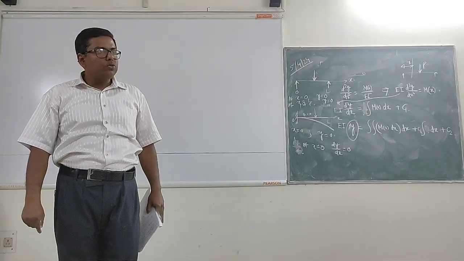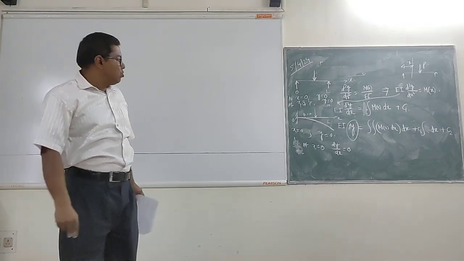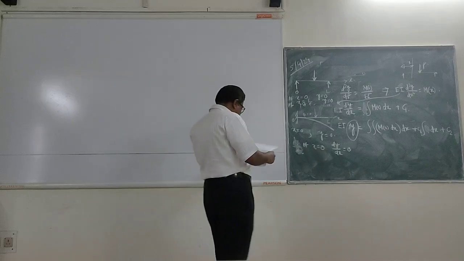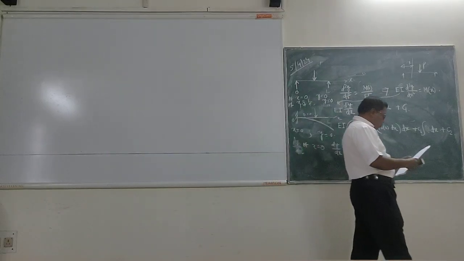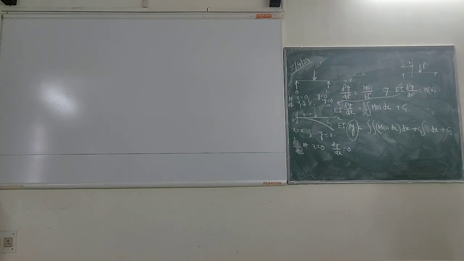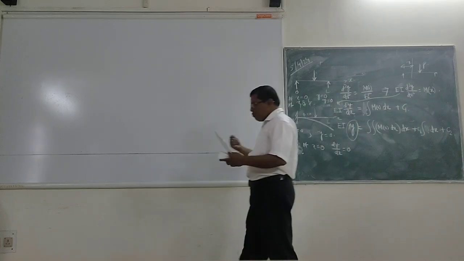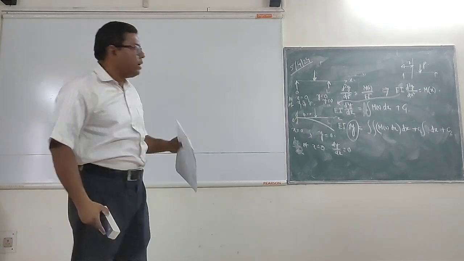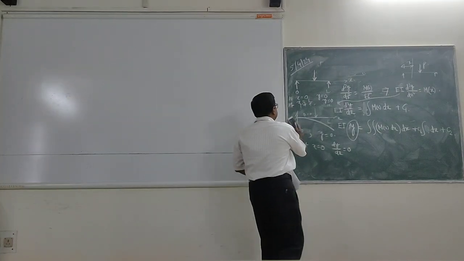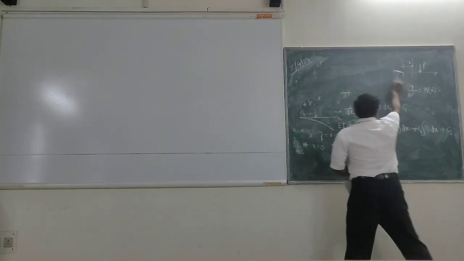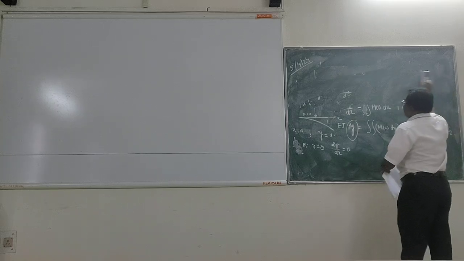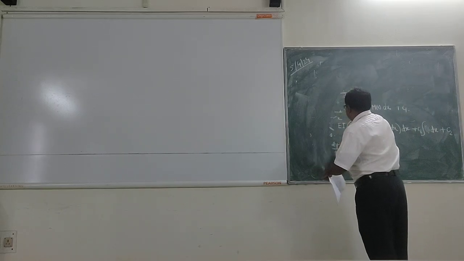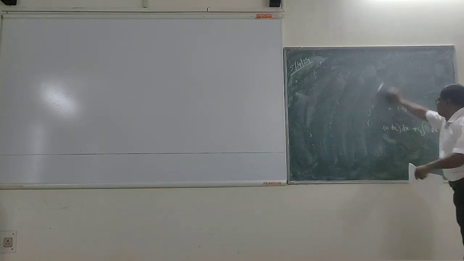Have you understood? Clear? So now let's try to solve one problem. Then your idea will be clear on this. Let's take one problem and find out the deflection using double integration method.